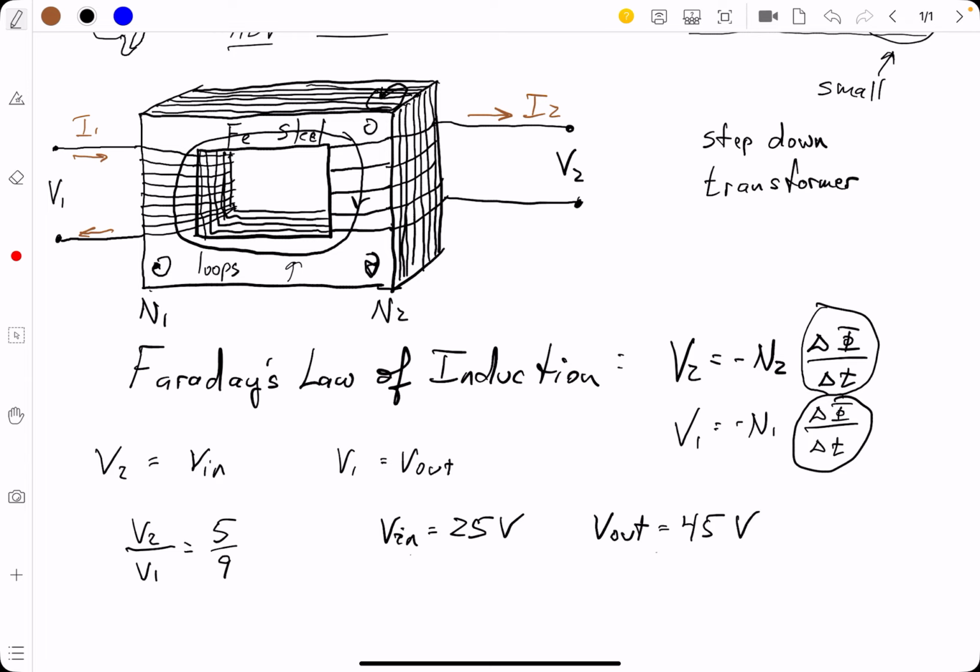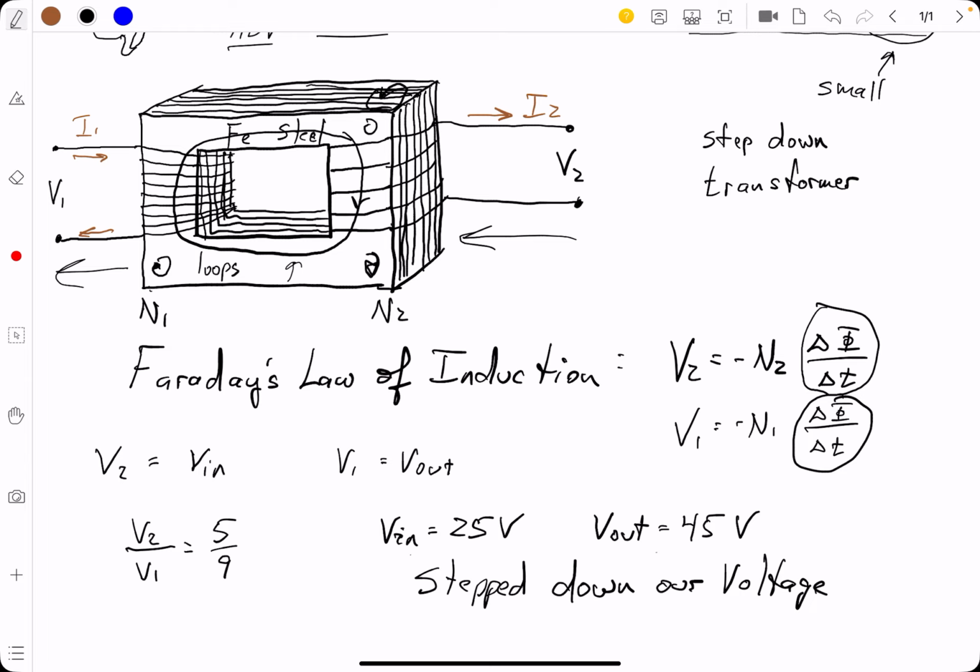And so that means that we have come in this way and we're going out this way. And what we've done is we've stepped up our voltage. So a transformer is nice because you can run them in reverse. You can go forward, backward, and you get a lot of good work out of a transformer.